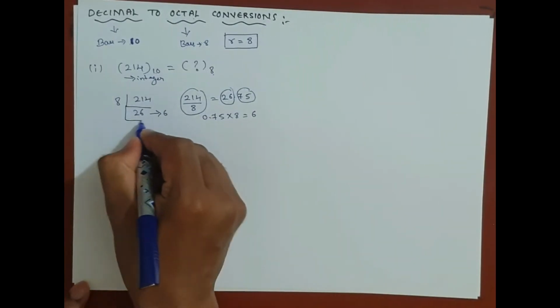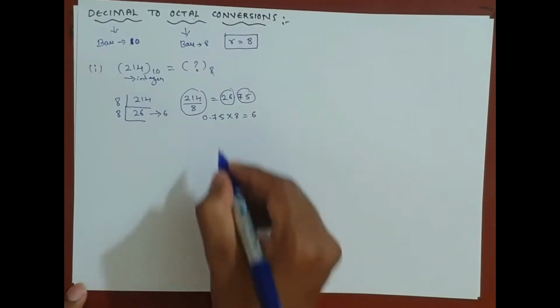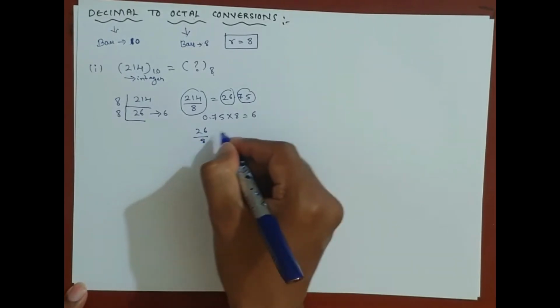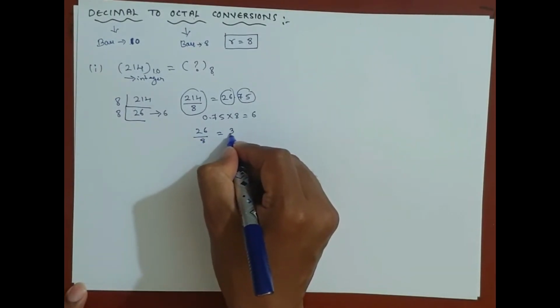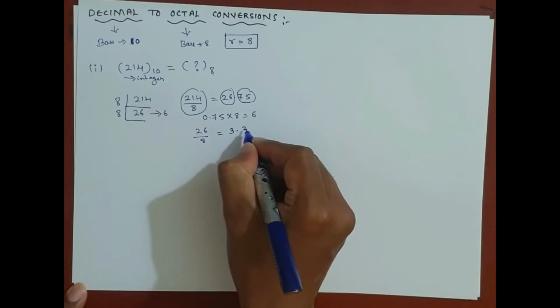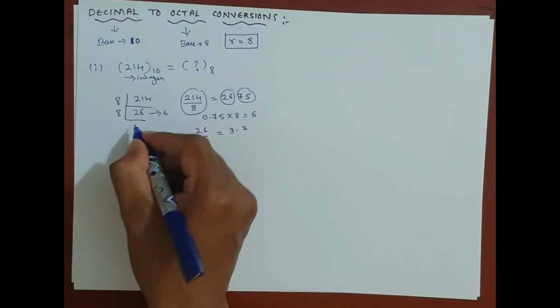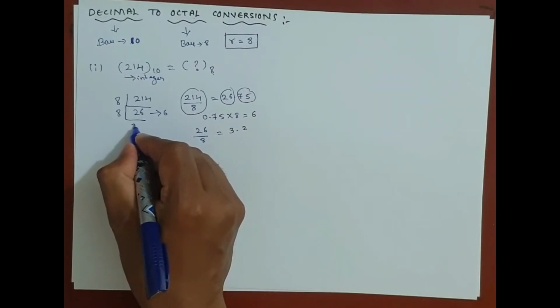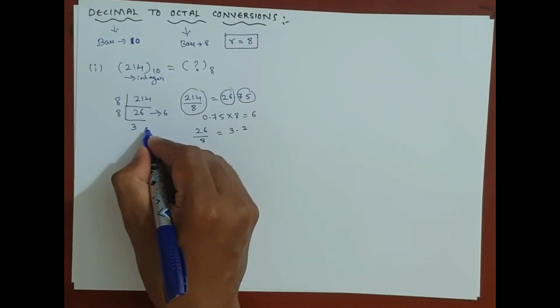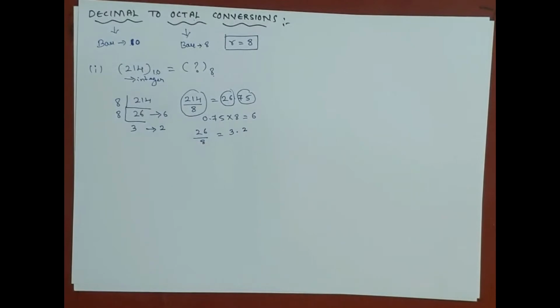Next, again divide by 8. 26 divided by 8 will be 3.2. So take this 3 over here, and the remainder will be 2.